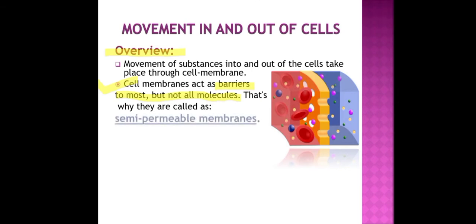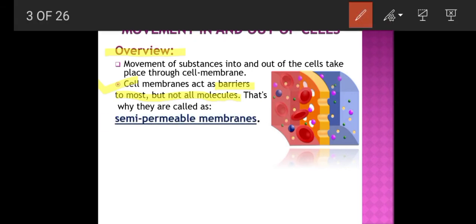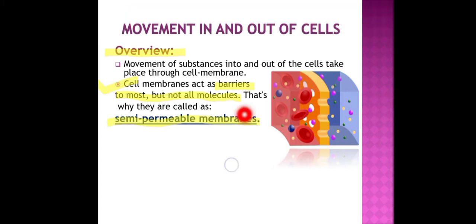That's why the cell membrane is known as a semi-permeable membrane. Semi-permeable membrane and selectively permeable membrane are two terms we use for the cell membrane, because the cell membrane allows some molecules to pass through it, but doesn't allow others to pass.